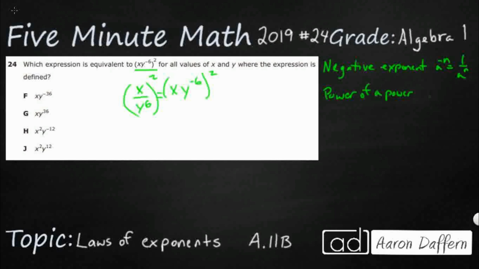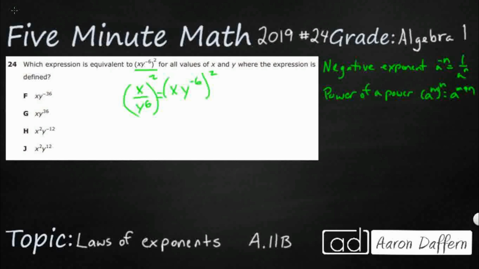If you get a to the m power, and then you take that to the n power, then that's going to end up being the same as if you were to keep that base and then add the two exponents. Actually, we're going to multiply the two exponents. So we multiply those two exponents, not add. That would be product of a power, my mistake. And so we've got this whole expression being squared, basically.